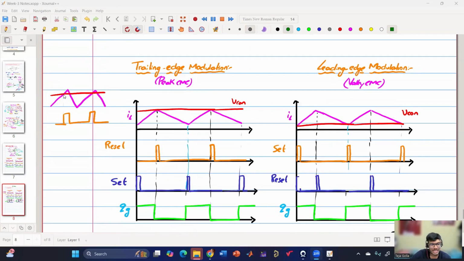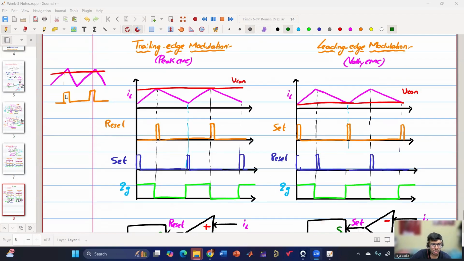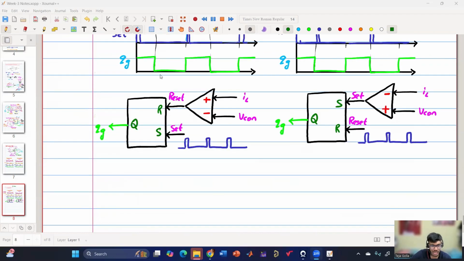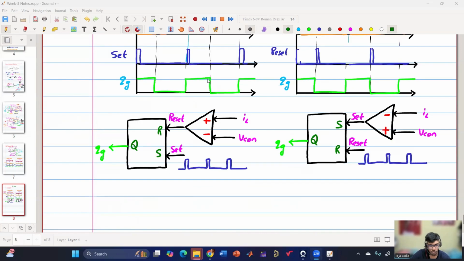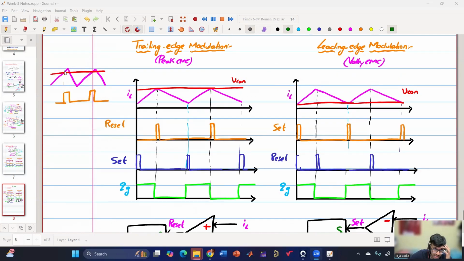From the moment it touches VCon to the moment QG turns off, and QG falling does not mean the switch will turn off. From the gate pulse to the switch, there is again some delay TD. So that's why there is a certain region during which the inductor current is still rising.